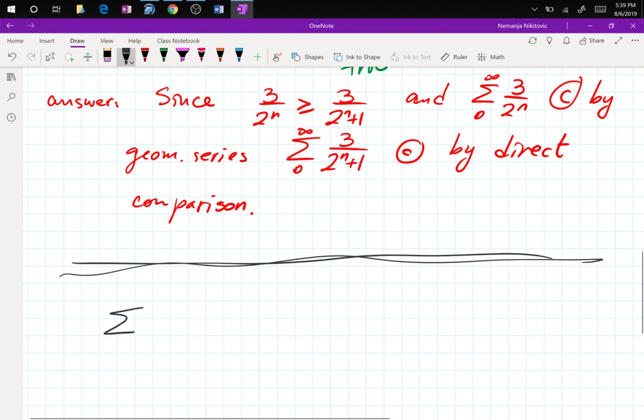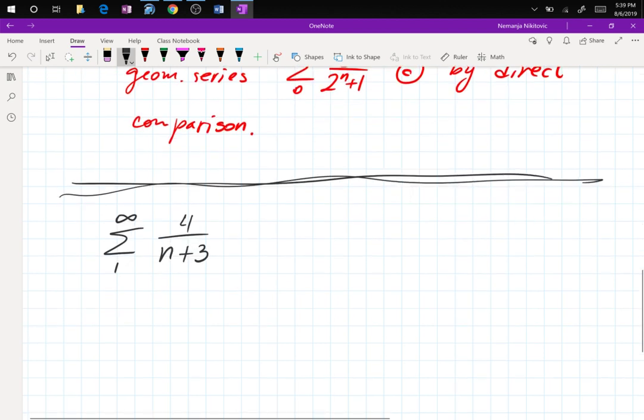Say you have summation of 4 divided by n plus 3 from 1 to infinity. So you look at this and you say, when I take away all the fluff, which is a 4 and a plus 3, this looks like 1 over n, right?